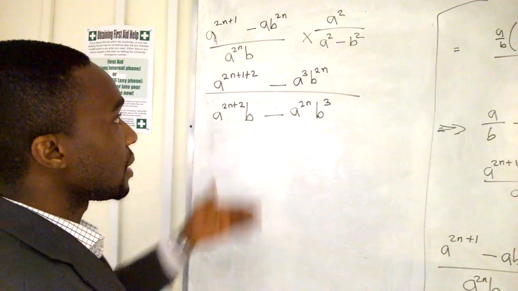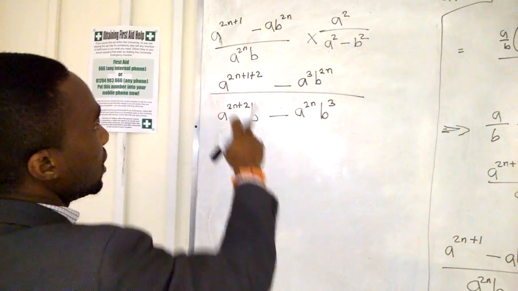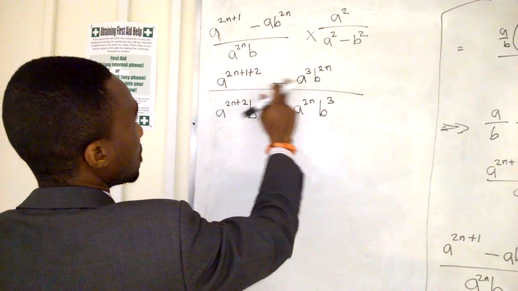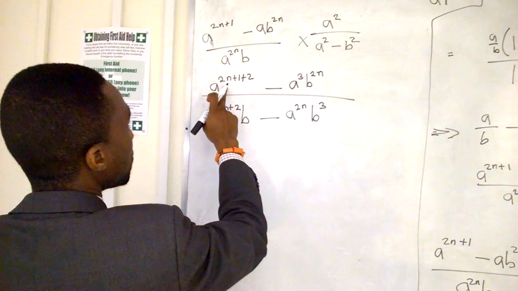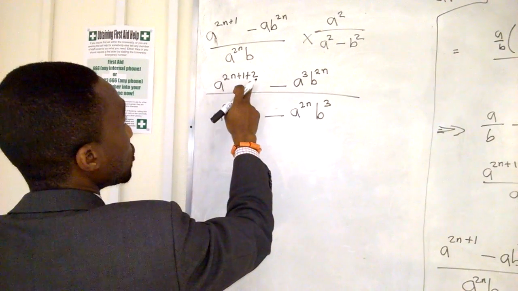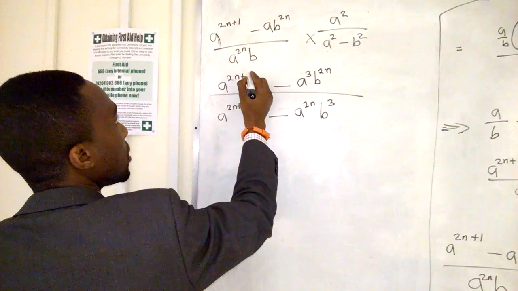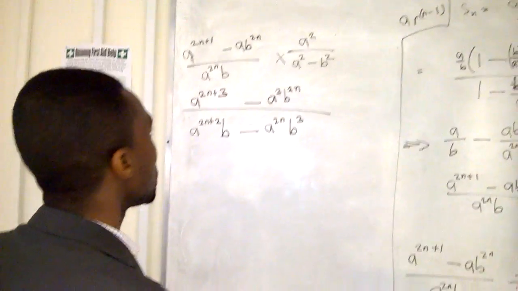Normally, this should be the answer, but we need to tidy it up. There is a common factor between these ones. Don't forget that this is a squared n plus 3. I'm just going to change this to 3, because 1 plus 2 is 3.